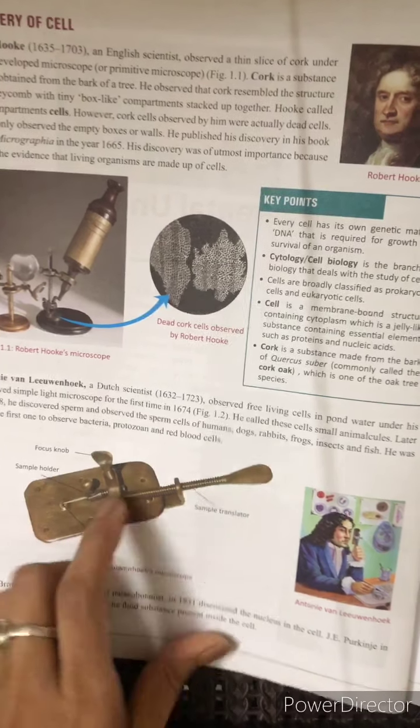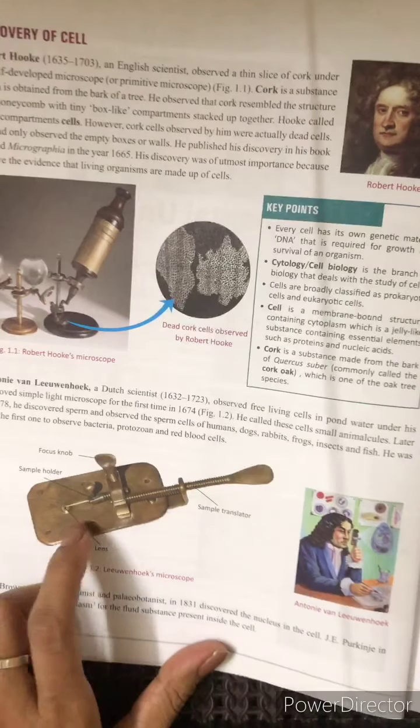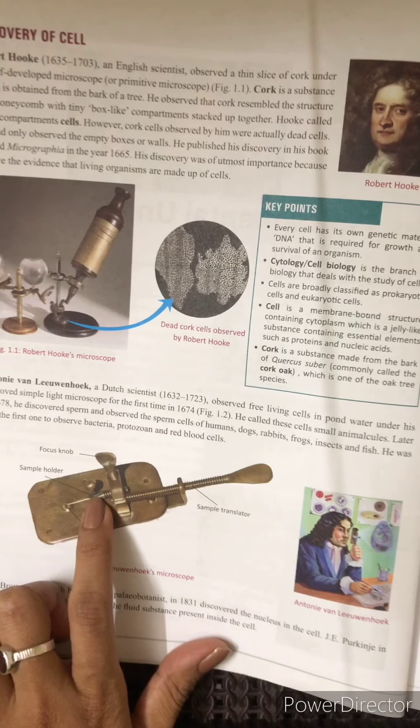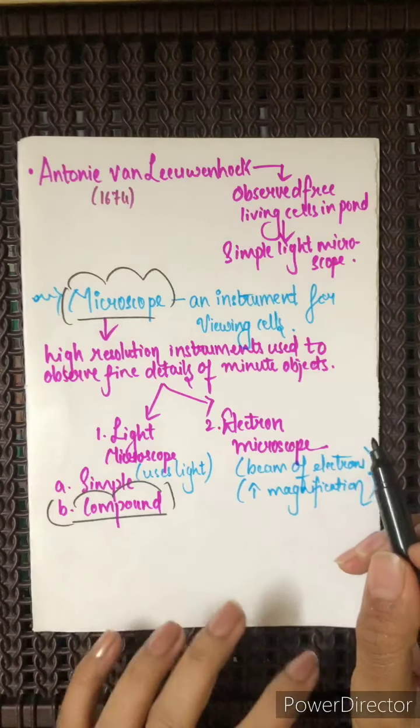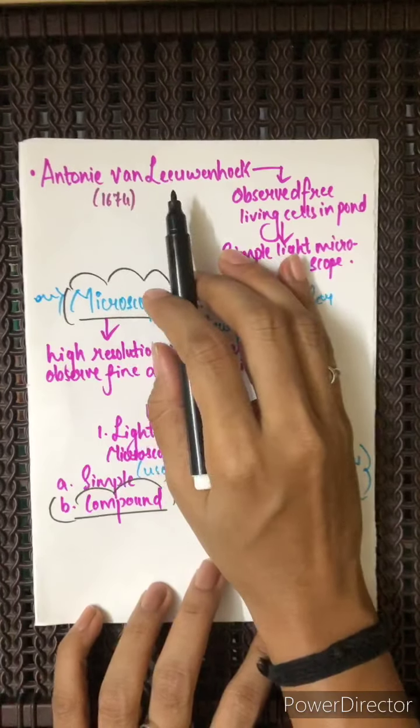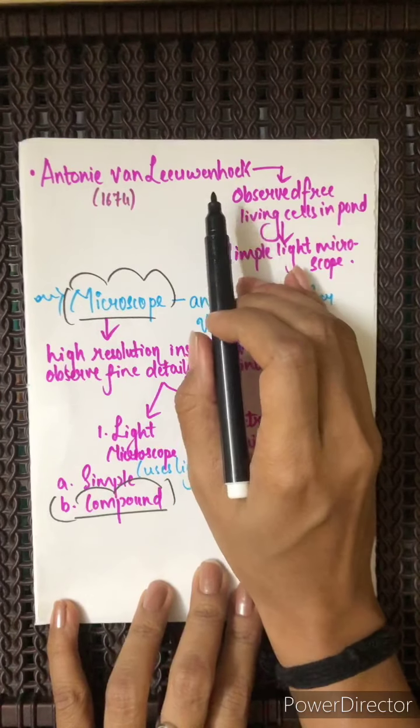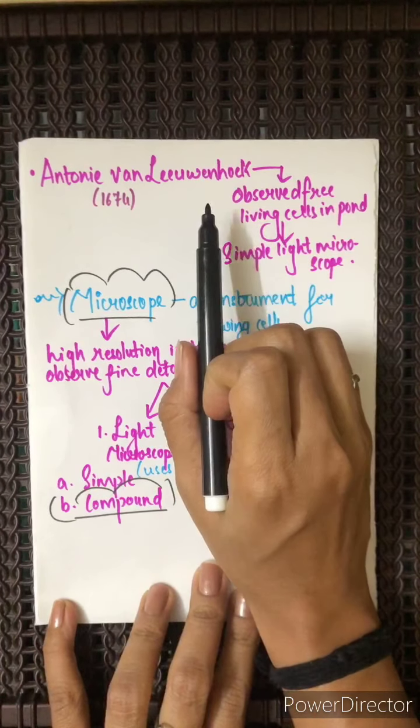Here is the picture, wherein the sample could be placed and visualized. So we understand that Anton van Leeuwenhoek was the first one to discover the living cell with the help of the light microscope.